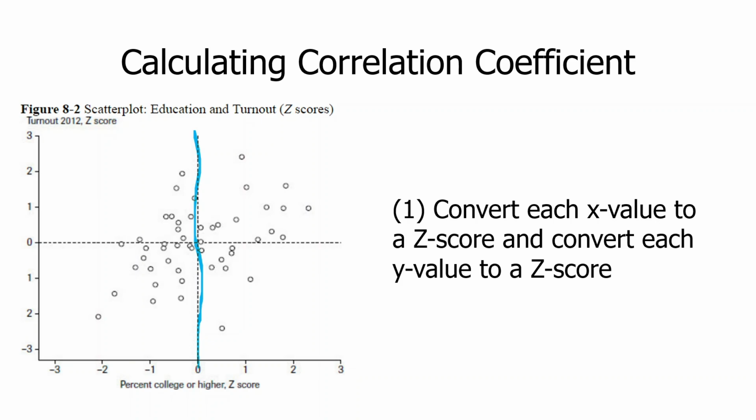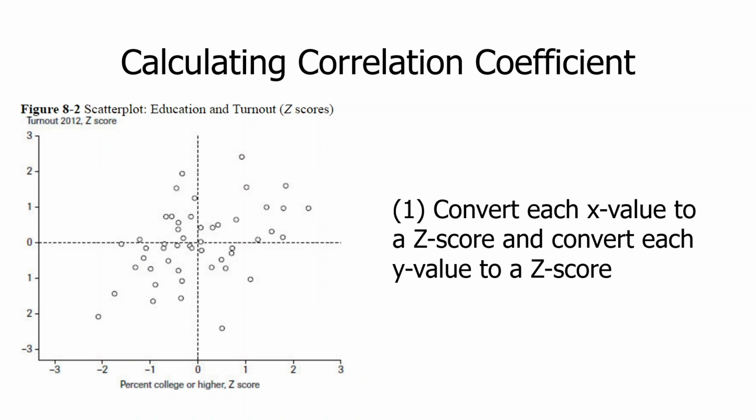So 60 here is represented by 0, because any state that had a turnout of 60 is sitting right on the mean for turnout. Just to locate our two states that we're following here, Oklahoma, with 23% of its residents having a college education or higher, is at about -0.9 on education, and its turnout places it at -0.16.